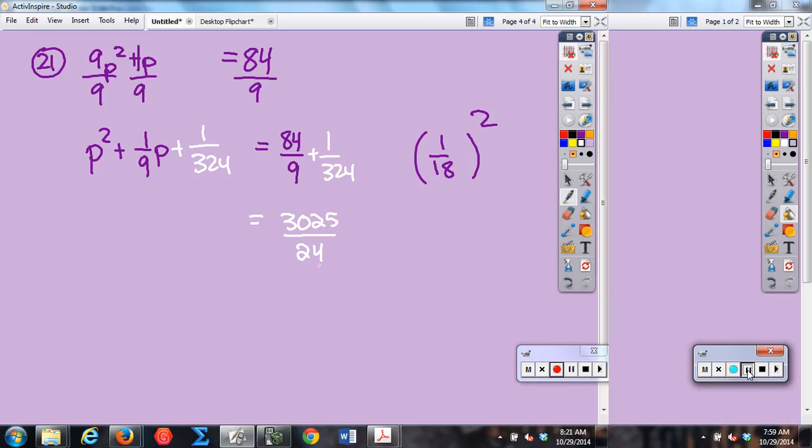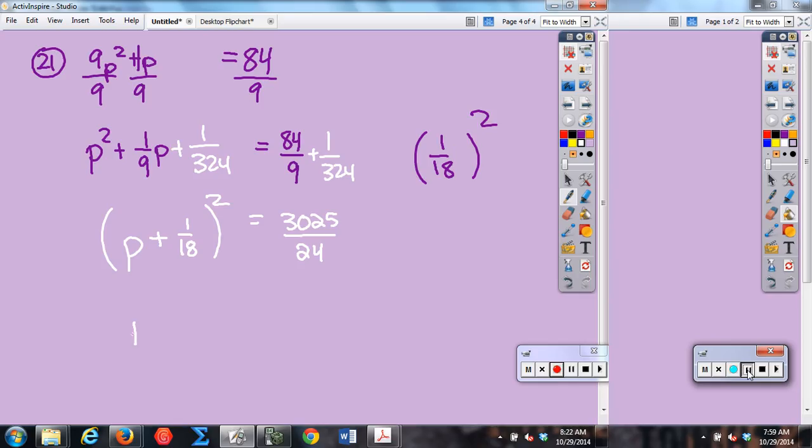Okay, what number is going in here? P and then what goes right here? 1/18. Yeah, half that every time, whatever this was inside there. Okay, now square root it. P plus 1 over 18.